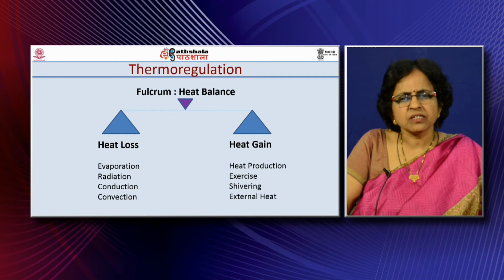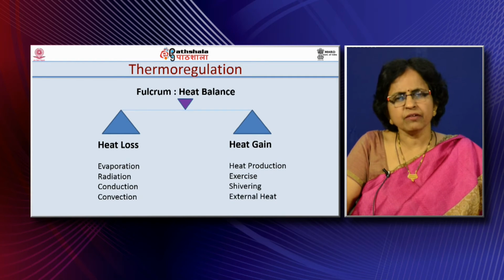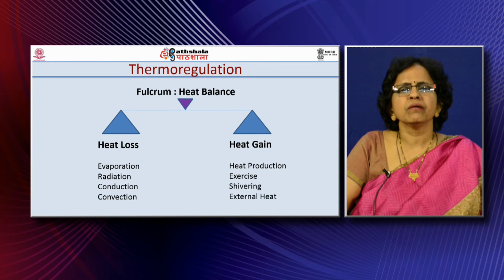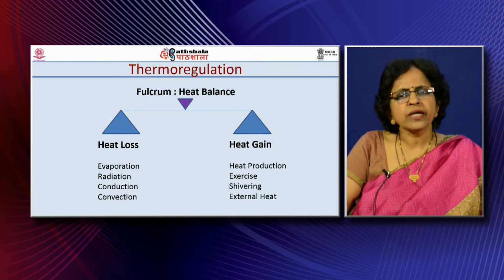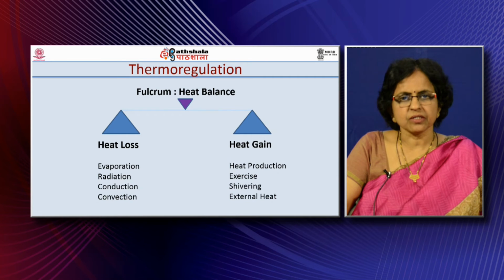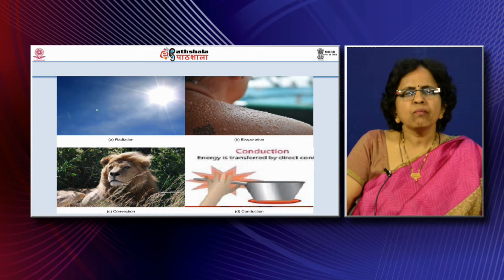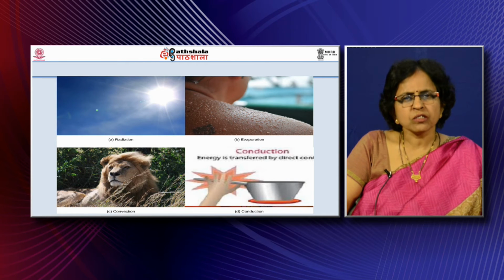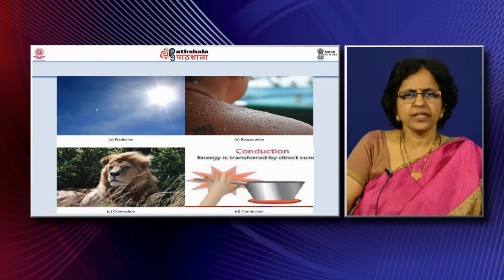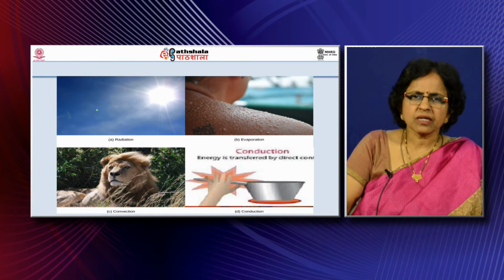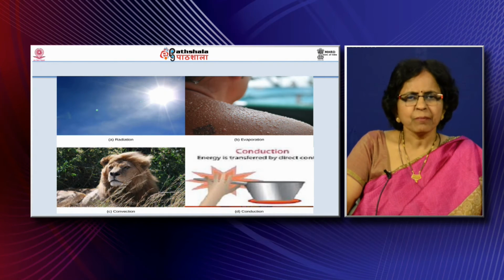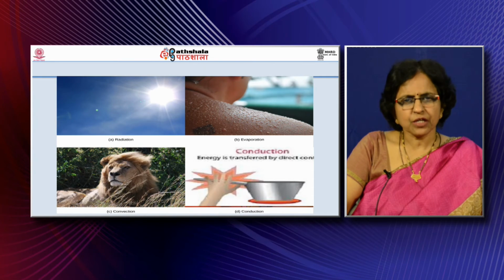And then of course external heat. If you are externally warm in winter, you have heaters or air conditioners that also can help. So if you look at the major loss of heat, that is by radiation. Now that radiation is coming from the sun, for example. The second phenomenon is evaporation.